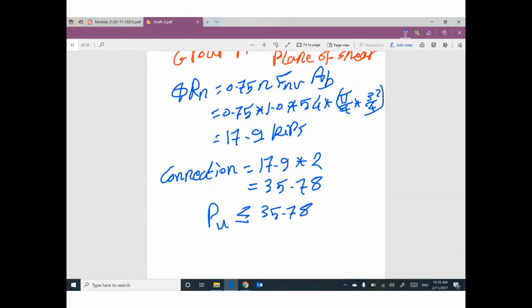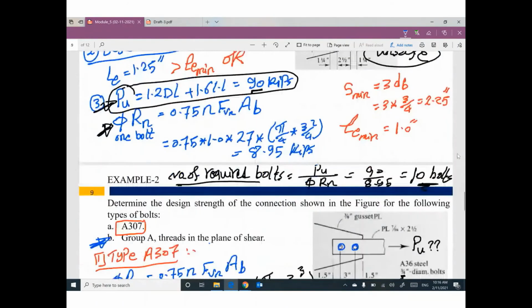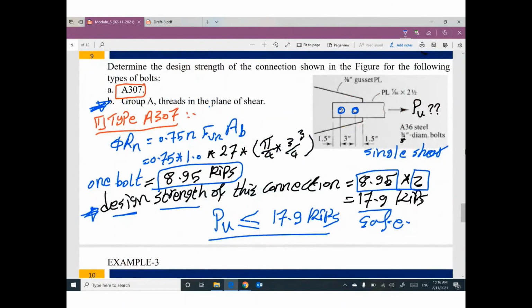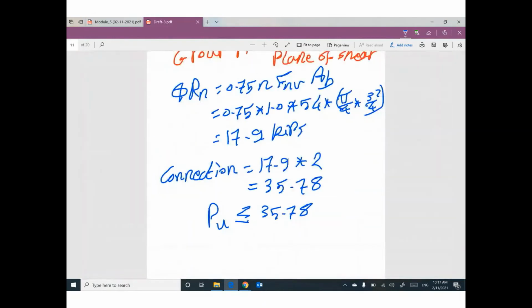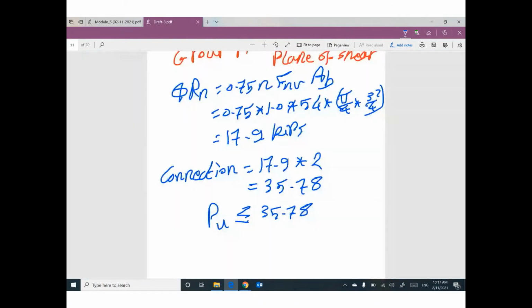Guys, I didn't change anything in the connection. I only changed the type of bolts. This connection with ordinary bolts can support only 17.9. When I change the type, without even changing the diameter of the bolt, the only change being the type of bolts, I can get a higher capacity, 35.78 kip.